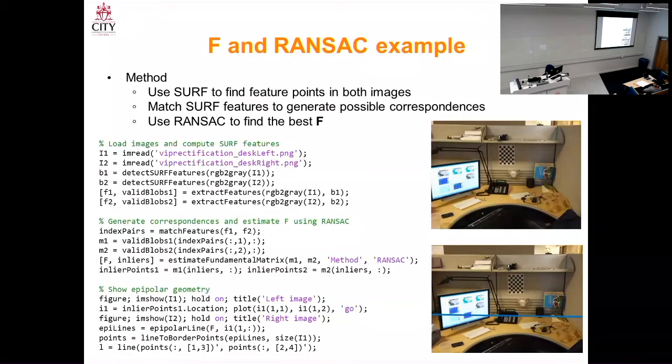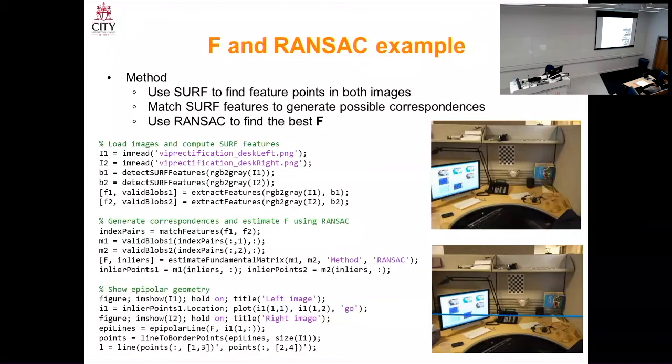And good points, you've learned a lot about good features. You could use, for example, SURF. Okay? So you can use SURF to find very distinctive points in both images and then try to find some correspondences. Okay, so here I'm detecting some SURF features, and then extracting those features.